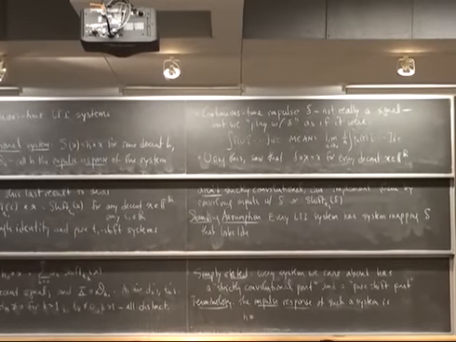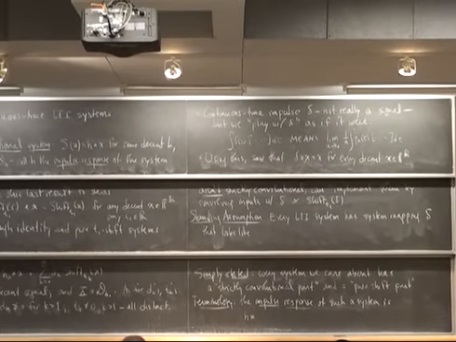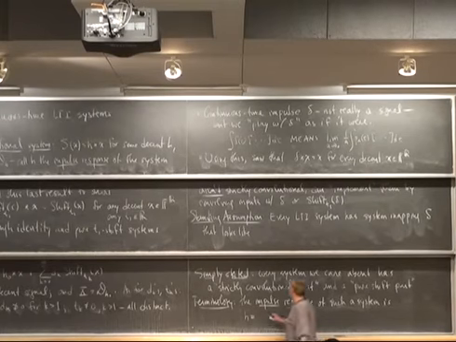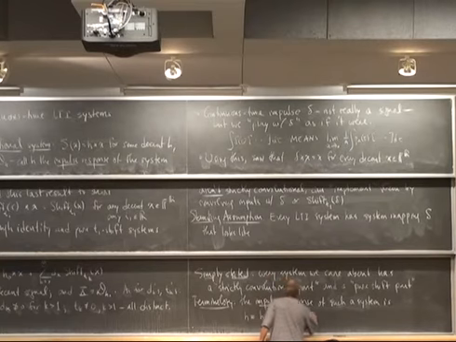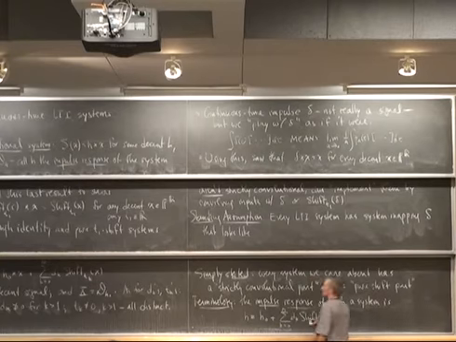Now be daring, somebody. Zach: H naught plus the sum over k of dk times shifted delta. Yes, exactly. That's what it is.